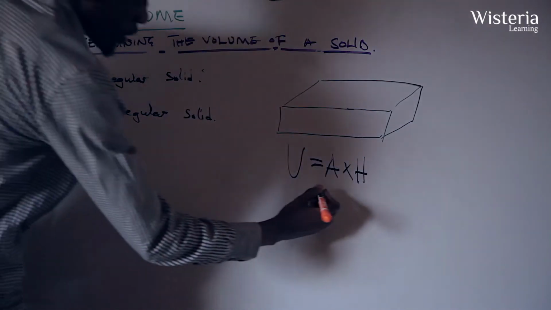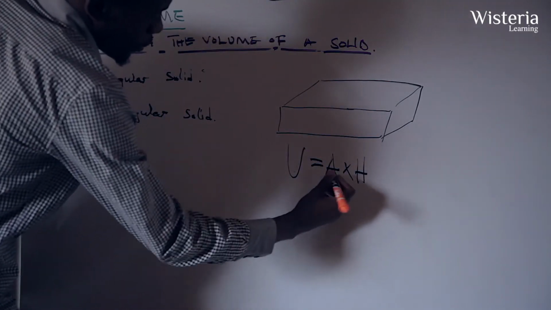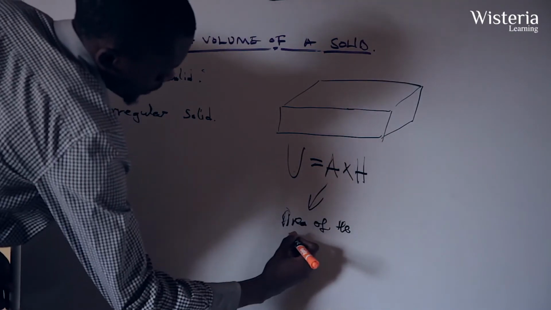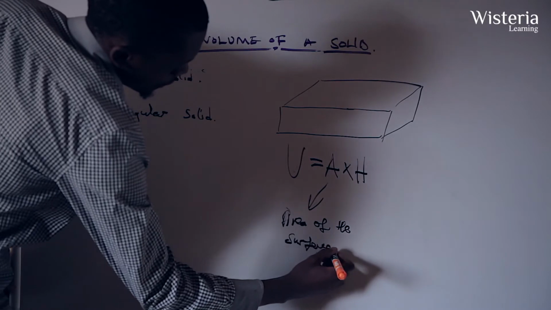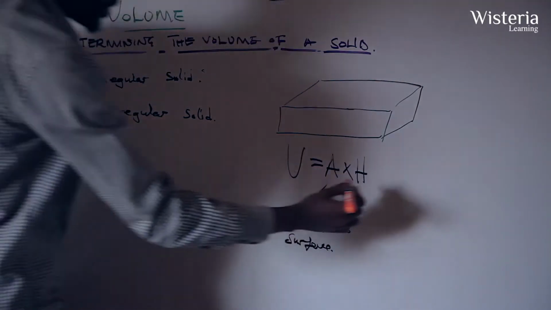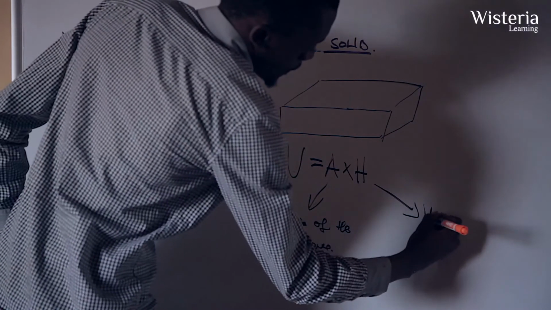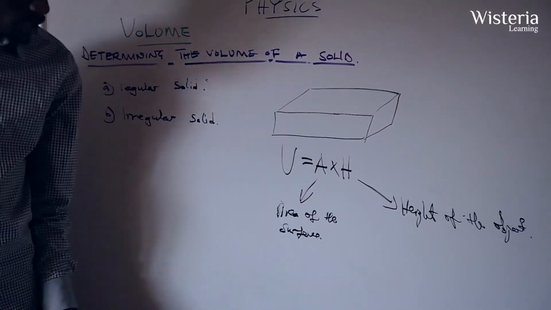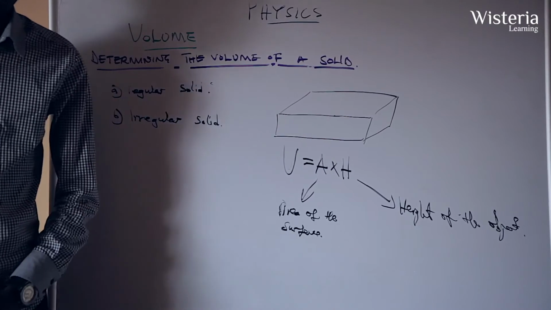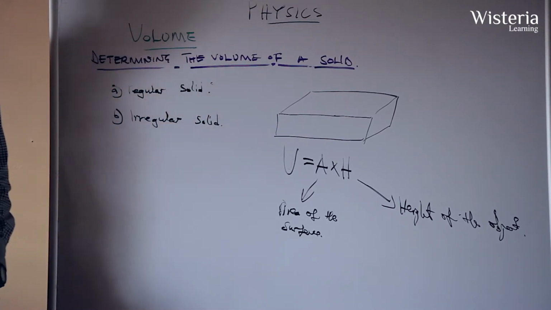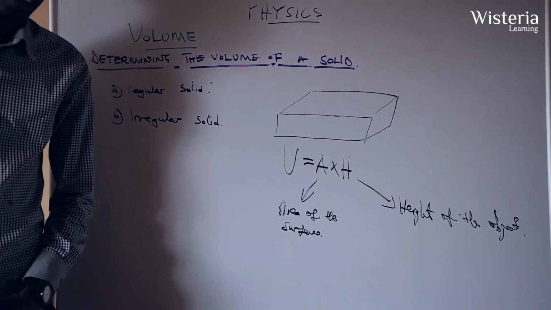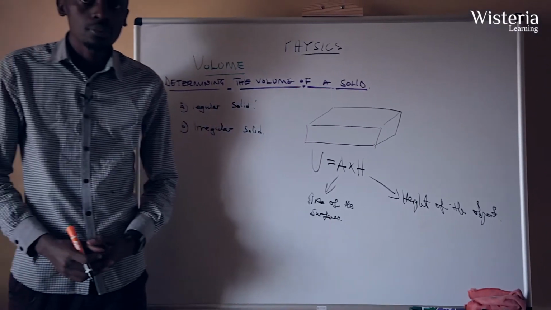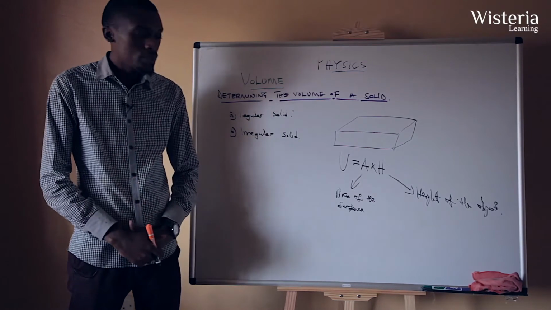So in order to determine the volume of a regular object, you simply multiply the surface area with the height. Down in our notes, as I say, you find different volumes for different types of regular objects.